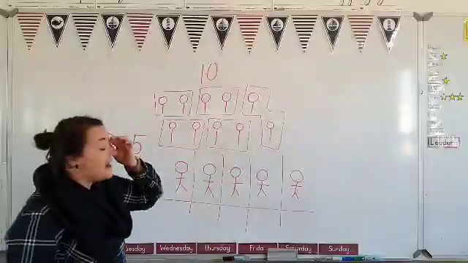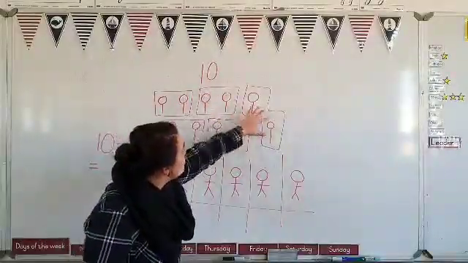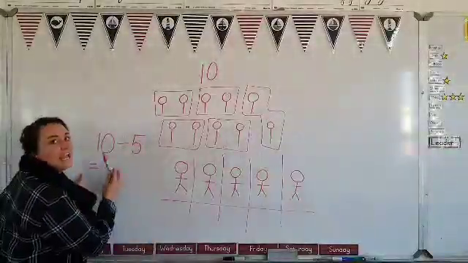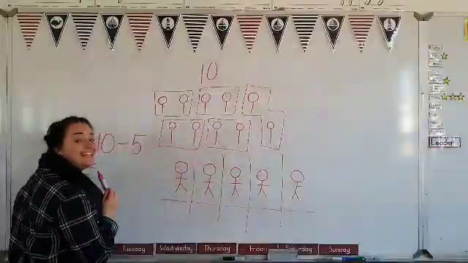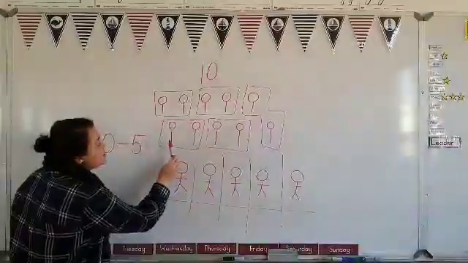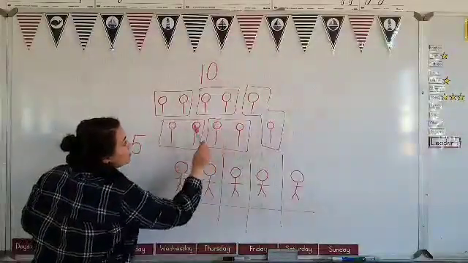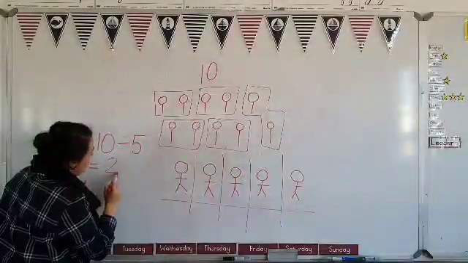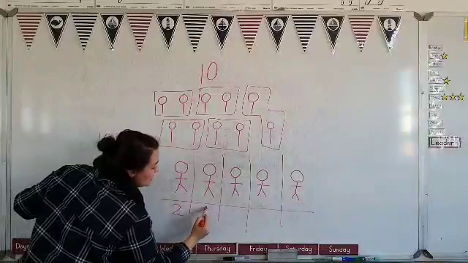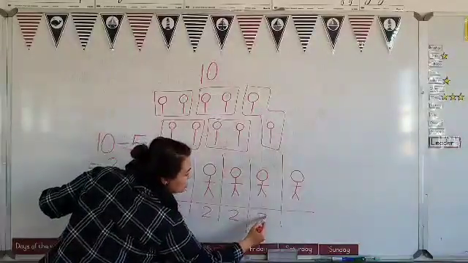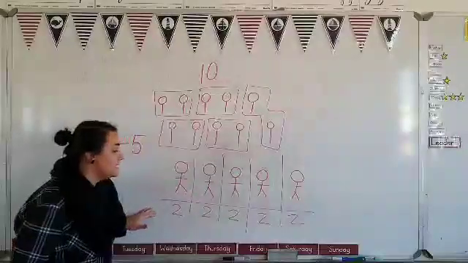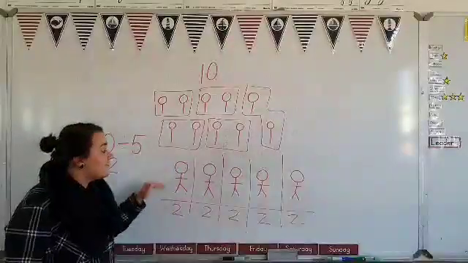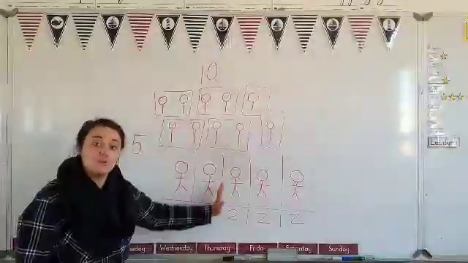Let's see if we do have 5 groups. 1, 2, 3, 4, 5. Now the answer will be how many we see in each group. So each group has 1, 2. That means each learner will get 2 lollipops. Can you see that number? Each group has the same amount, so it means we've now divided it into equal groups.